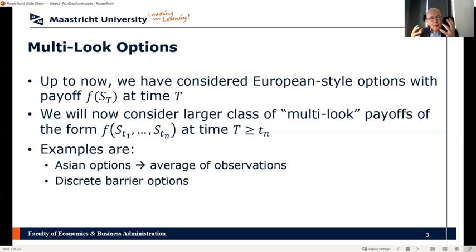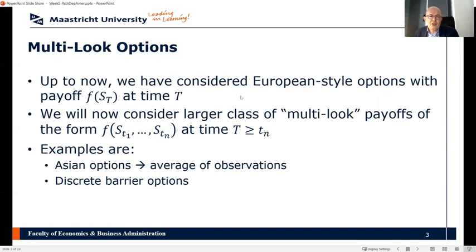What we're going to do now is a natural extension, where we will consider a larger class of so-called multi-look payoffs. We are at the maturity date capital T, and then we look back along the path we have followed to arrive at time capital T, and our payoff is a function of multiple values of the stock price that we have observed at times T1, T2, until time Tn.